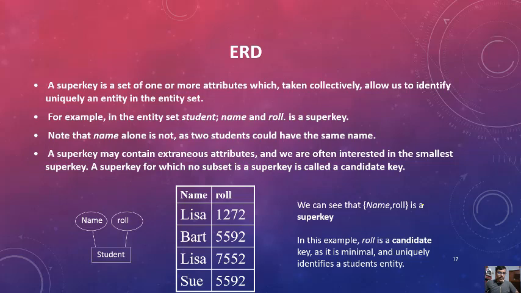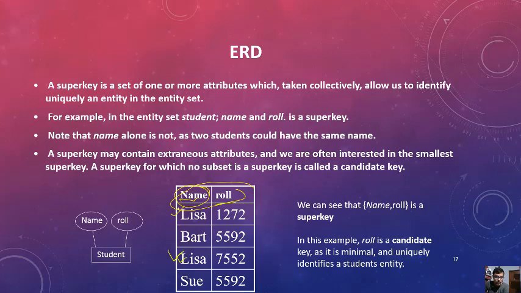Student name alone is not a key because more than one student may have the same name. That's why name is not possible as a key constraint. A super key may contain extraneous attributes, and we are often interested in the smallest super key.